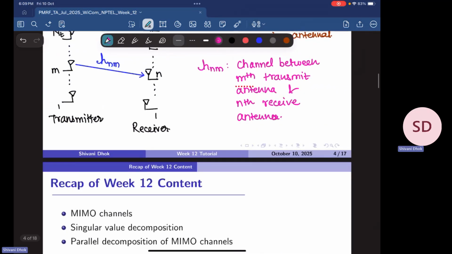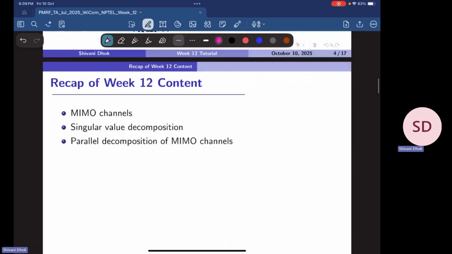Okay, and at the nth receive antenna, we are still discussing MIMO channels. What do we receive?